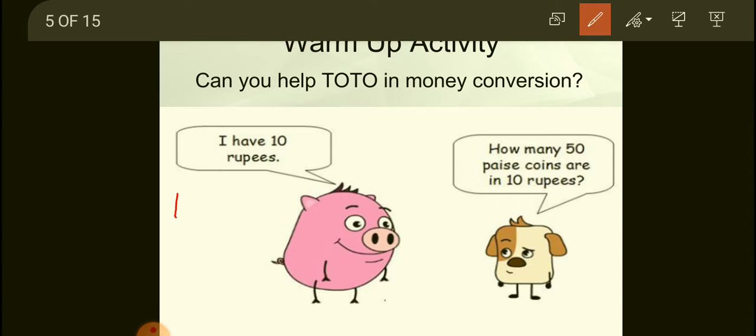There are 2. So if there are 2 in 1 rupee, how many will be in 10? If 1 rupee has 2 coins, then 10 rupees will have 20 coins.